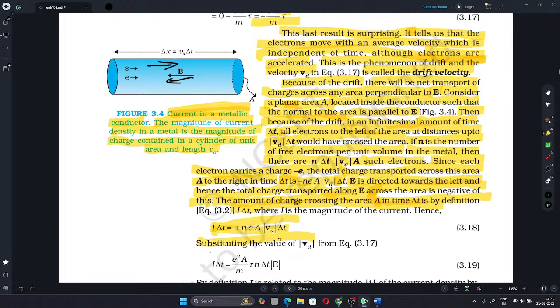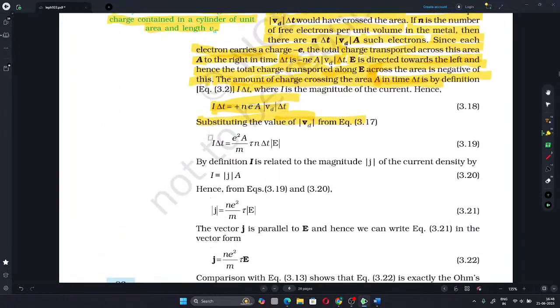Substituting the value of Vd from the equation, we get I delta t equals n e squared A by m tau E delta t. By definition, the magnitude of current I equals current density times A.